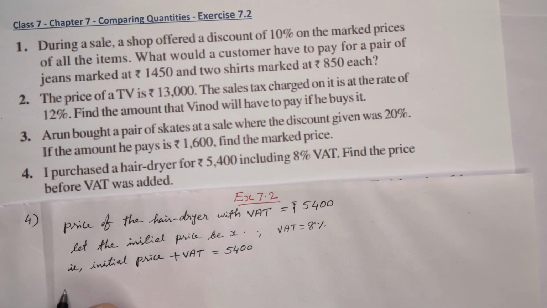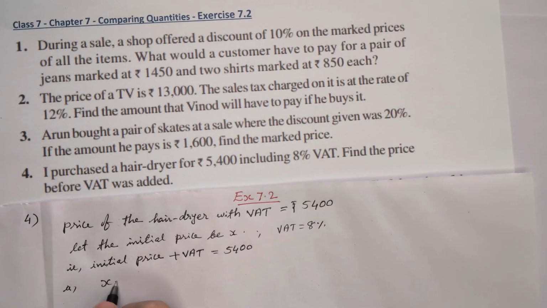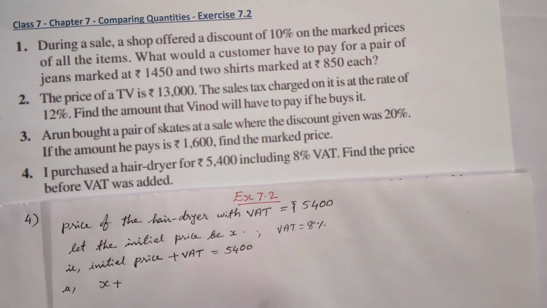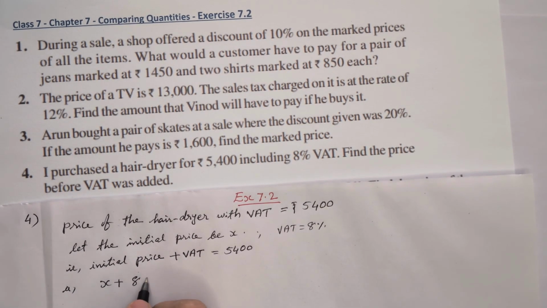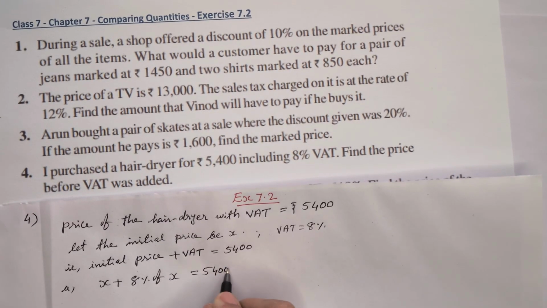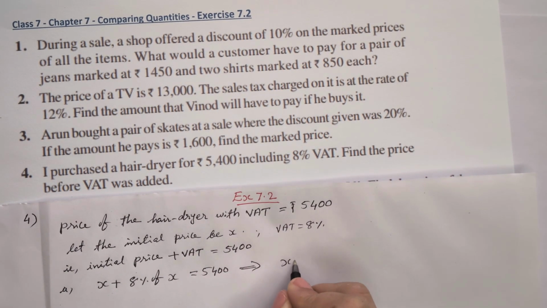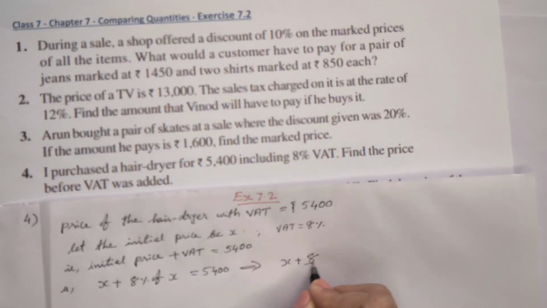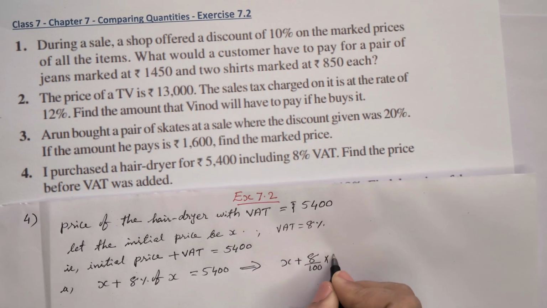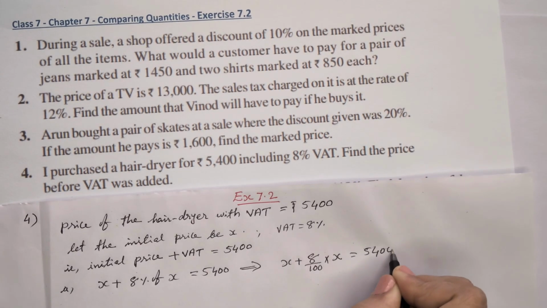So we can write initial price as X, plus VAT, 8% of X, that is equal to 5400. This we can write as X plus 8 by 100 into X, which is equal to 5400.